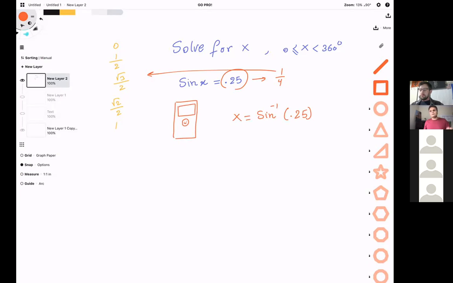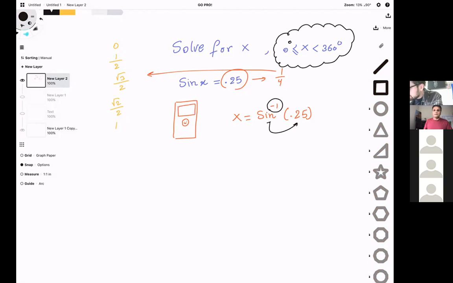You press the button, you look for the sine inverse, and you plug in 0.25. This gives you one solution. And make sure that the unit of your calculator is on degrees.